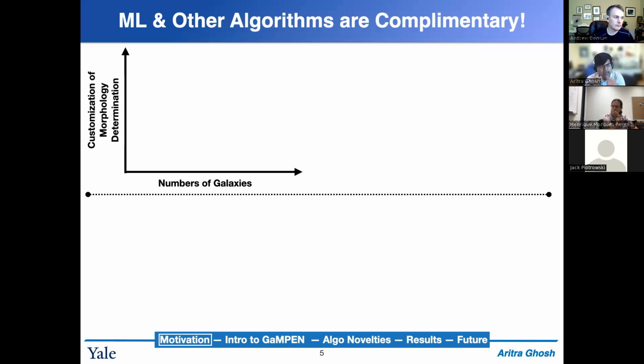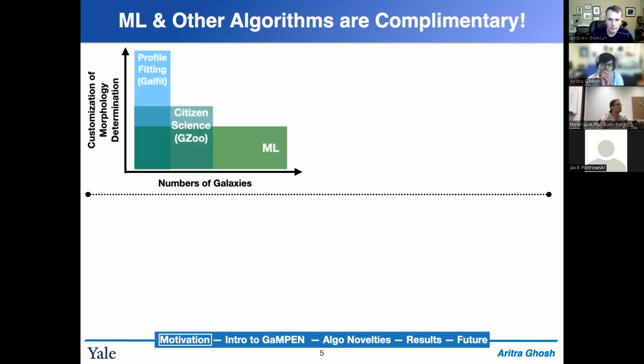And to make my point, I often like to think about what tool to best use in terms of this plot. So on the y-axis, you have the amount of customization that you want in your morphology determination algorithm. And on the x-axis, you have the number of galaxies. And here is where I see all the tools, basically.